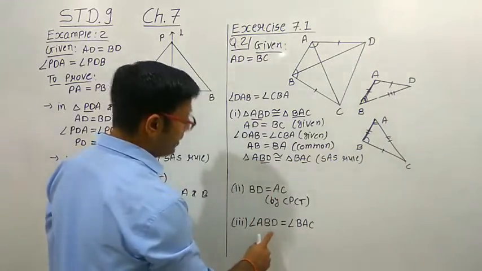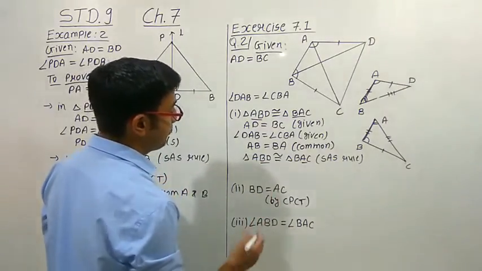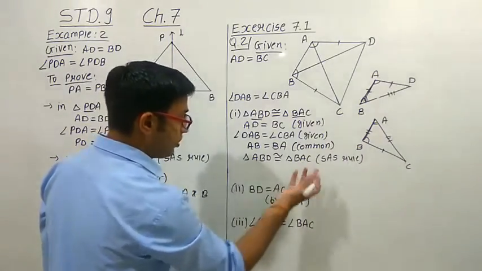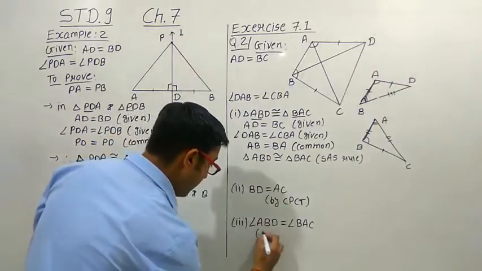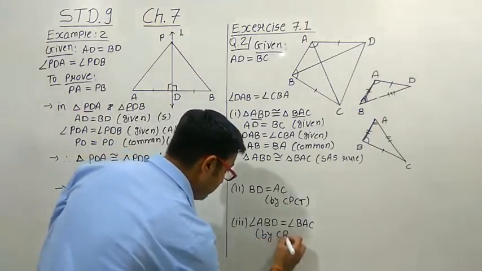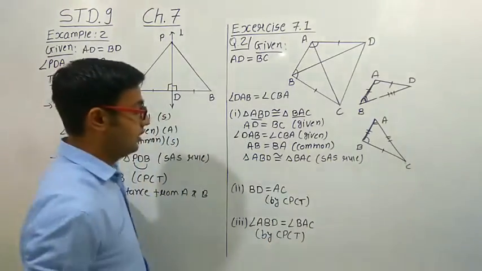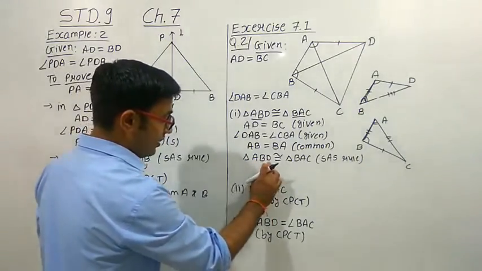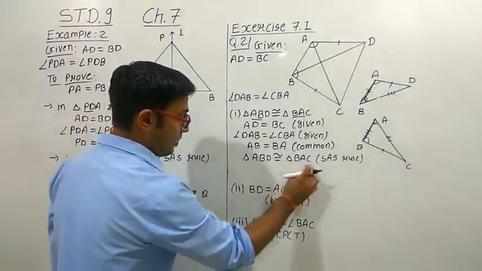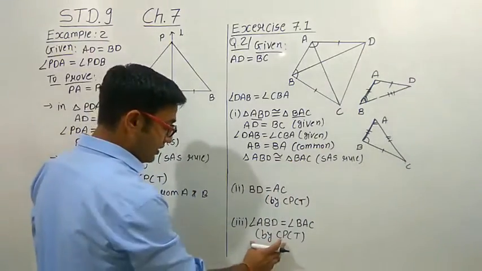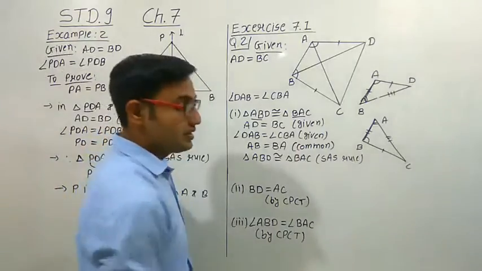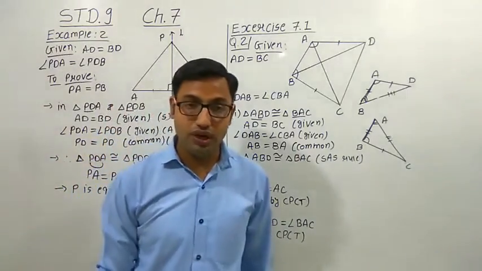This angle ABD and this angle BAC, both angles will again become equal by CPCT. According to the name, we can also check angle ABD, first, second, third, BAC. So these angles will also become equal according to the rule by CPCT, corresponding parts of congruent triangles.